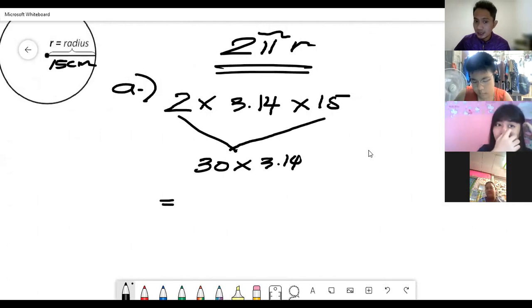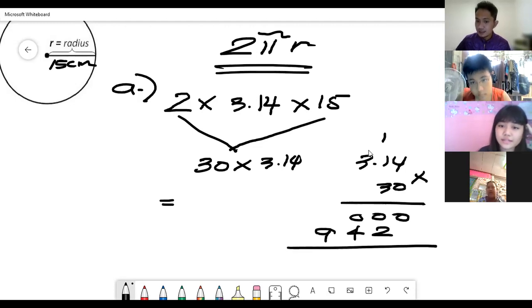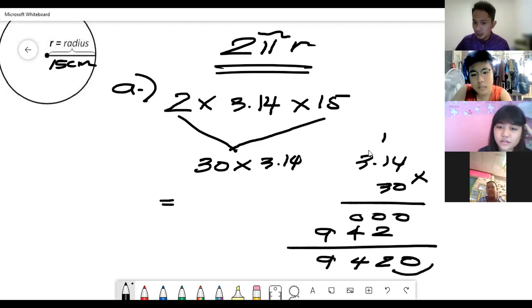3.14 times 30. 0, 0, 0. 3 times 4 is 12, 3 times 1 is 3 plus 1 is 4, 3 times 3 is 9. How many decimal places? 1, 2.